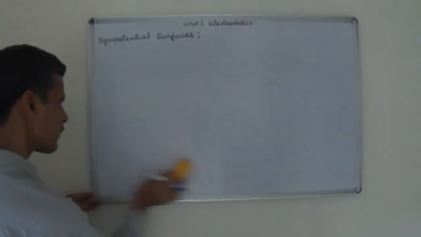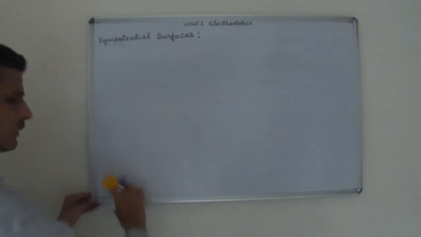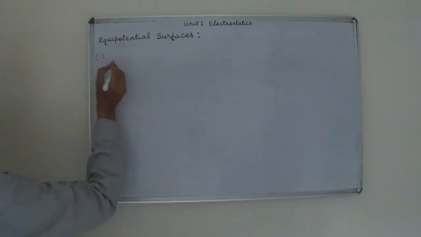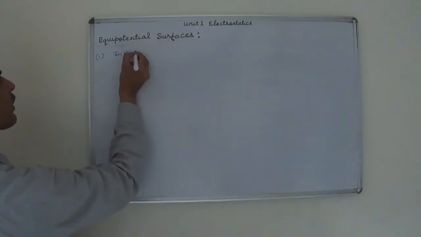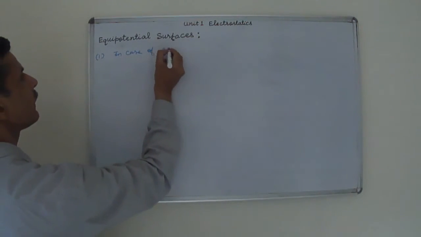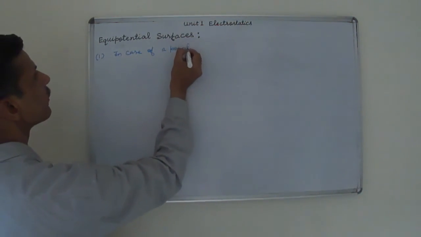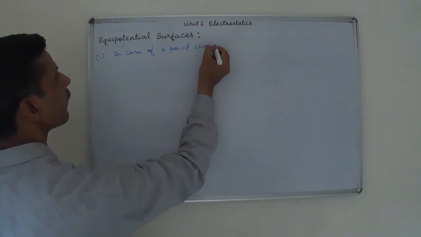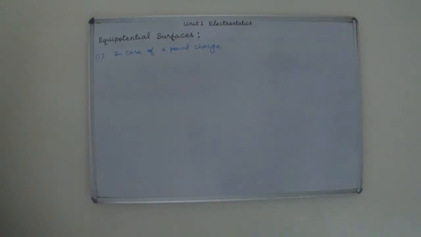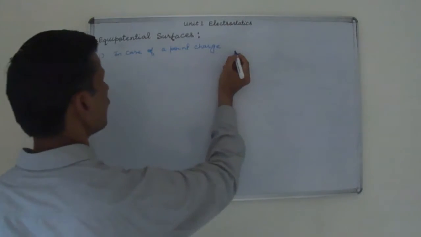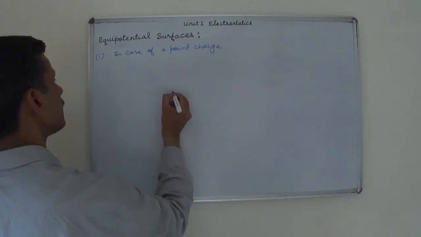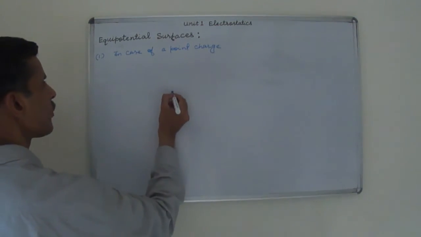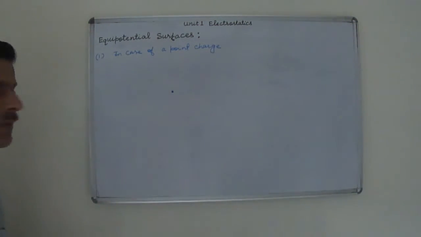Now let us draw equipotential surfaces. Number 1, in case of a point charge, say this is a point charge, positive or negative.